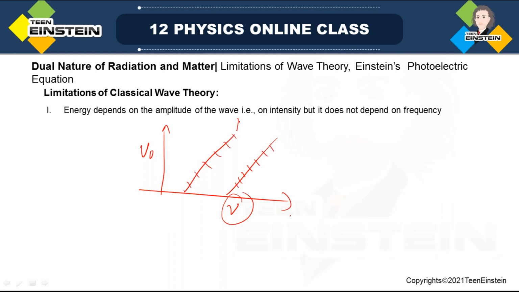Not only that, for two different materials A and B, until you radiate the metal A with at least this much frequency, nu 01, or in this case nu 02, there will be no photoelectric effect.